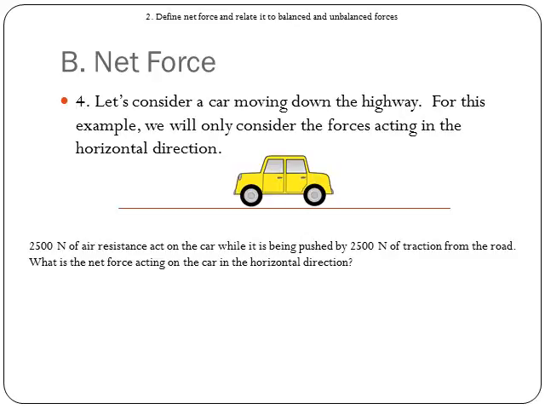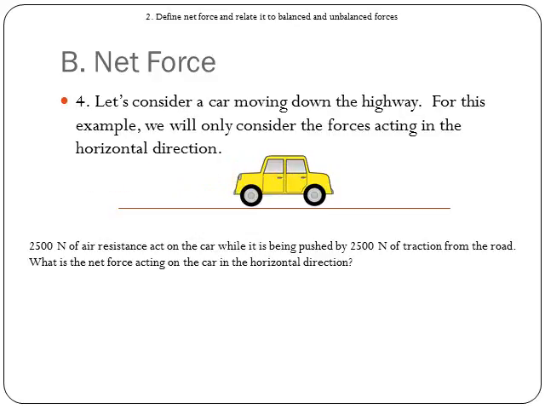We're told 2,500 newtons of air resistance act on the car, while it is being pushed by 2,500 newtons of traction from the road. What is the net force acting on the car in the horizontal direction? So considering what we're told here, we're told 2,500 newtons of air resistance act on the car. Notice that the car we said is pointed to the left, so it's probably traveling to the left.